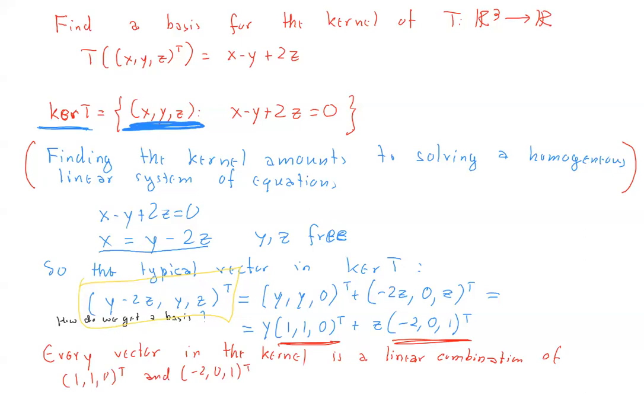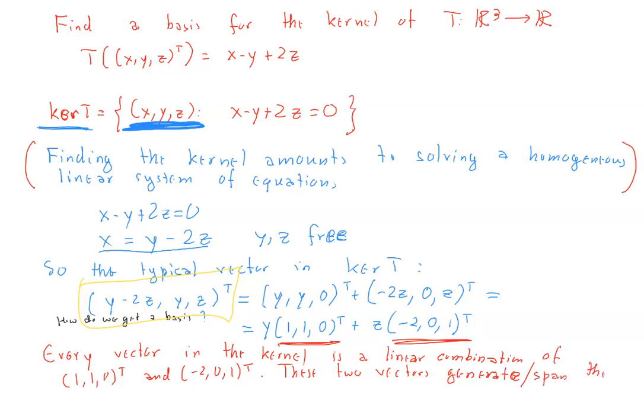So these 2 vectors generate the kernel. These 2 vectors generate, the other word for generate is what? So in this course, we will say generate or what is the other word? Great, span. Generate or span the kernel.